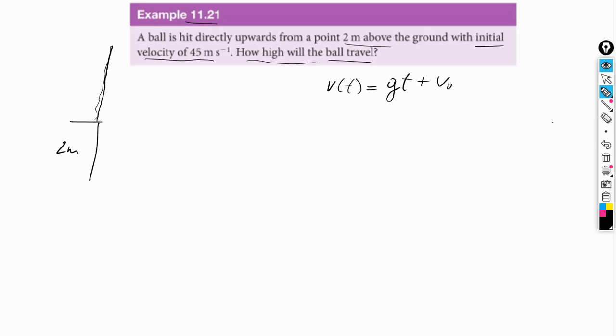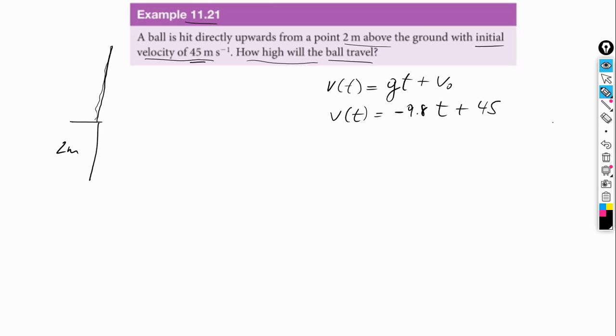We already have some of this information. We know that gravity is equal to minus 9.8 meters per second squared. So this times time plus the initial velocity, which they give us in the problem, 45 meters per second.